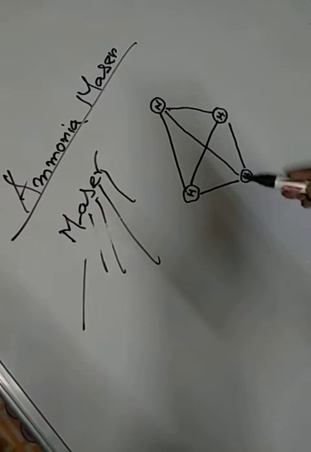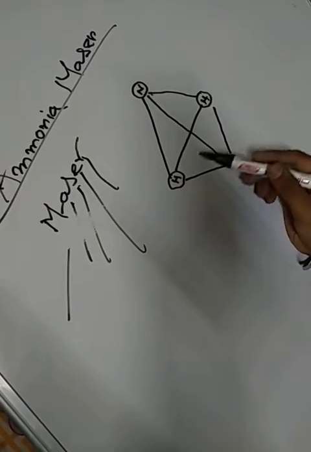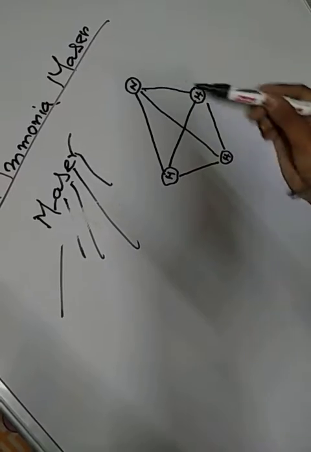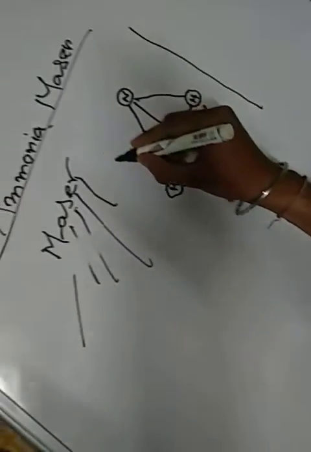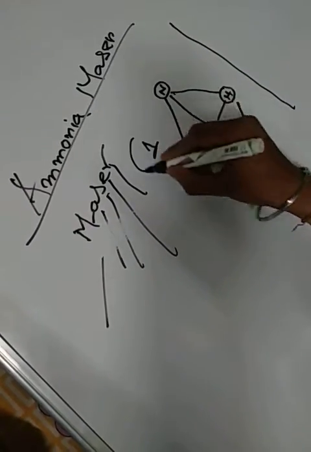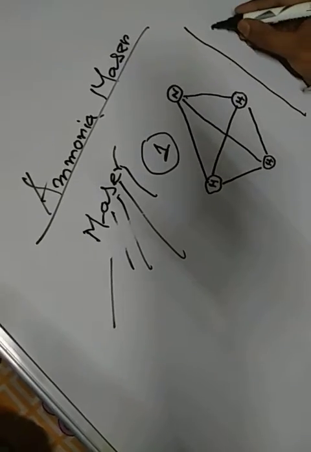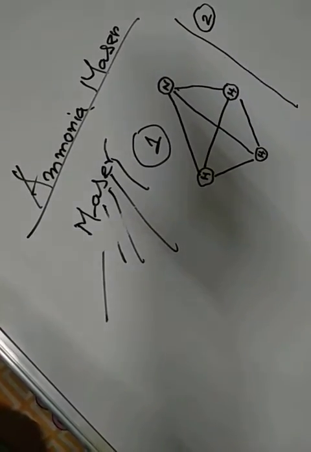And we have this plane of hydrogen, and over it tetrahedrally a nitrogen atom is situated. So we have this state, and we call this state number 1, and we'll go to state number 2, in which we'll look at it differently.